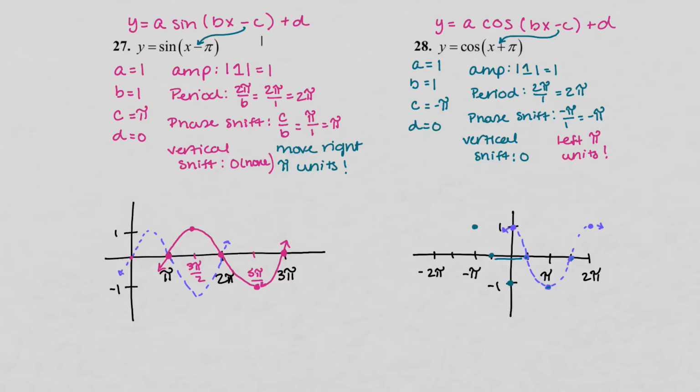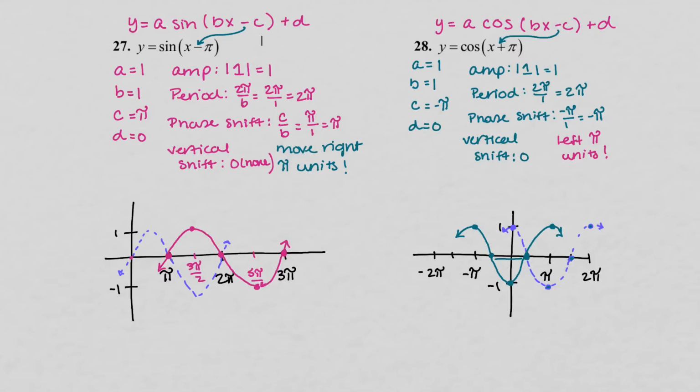If I move my second x-intercept, the 3 pi over 2, left pi units, I am going to be here at pi over 2. And if you move the 2 pi point left pi units, you're going to end up at pi. And so here is your graph of cosine shifted left pi units.